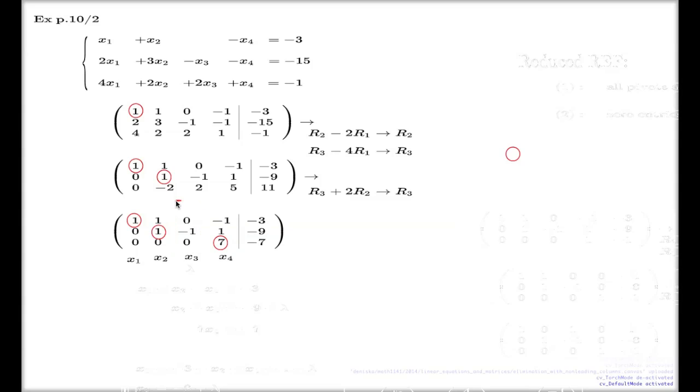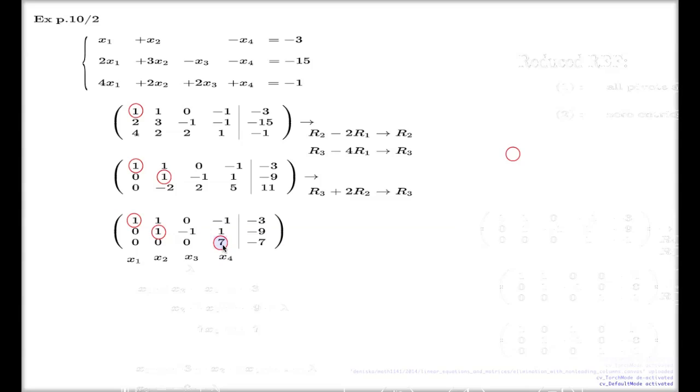I hope you're convinced by now that if you have a perfect triangular shape on the left-hand side, meaning all columns on the left-hand side are leading ones, you can always back substitute. Something we did on the first example, and something quite obvious on my second example. Look at what happens here.